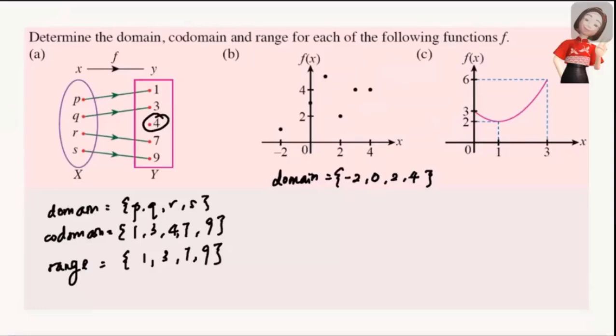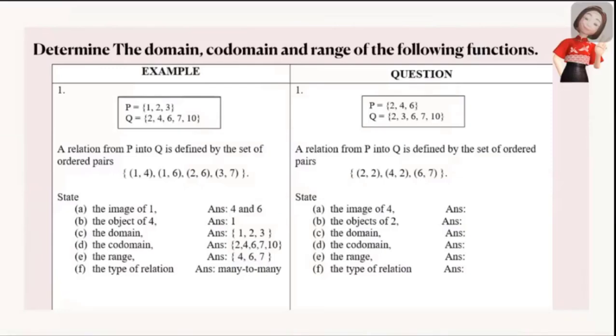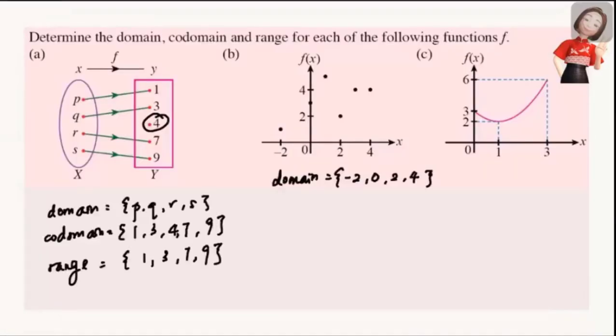Okay, so codomain. Oops, salah. Apa codomain? Codomain tadi cikgu kata adalah apa? Paksi apa? Paksi y kan? So paksi y itu berapa? 1, 2, 3, 4, 5. Why you say 1, 2, 3, 4, 5? Ada 1 ke? Sebab dia dari bawah sampai atas kan.